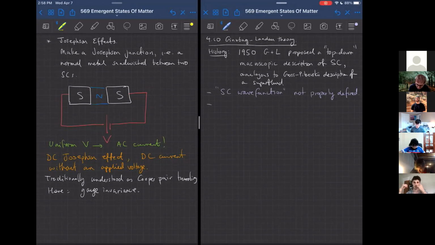So you're going to see that there was a coupling to the electromagnetic field, but that involved a mysterious factor of 2 in order to agree with experiment.